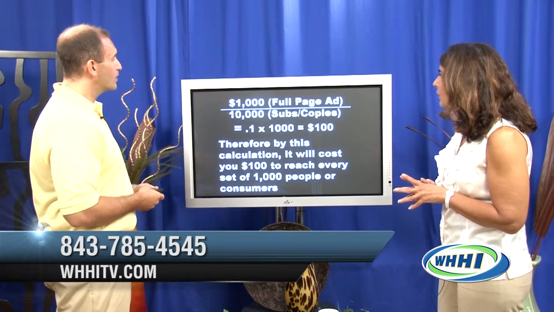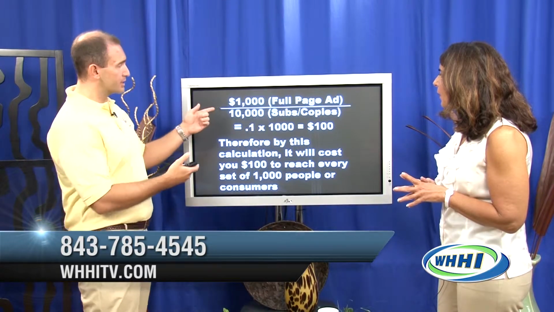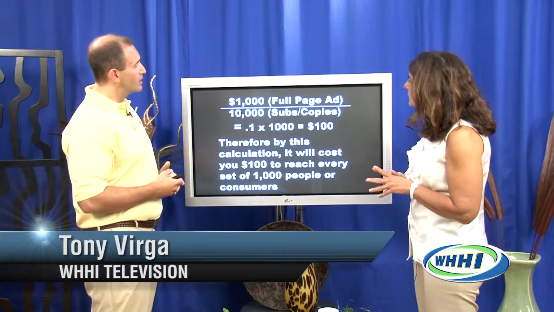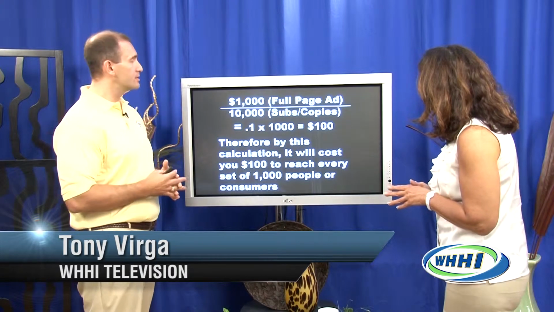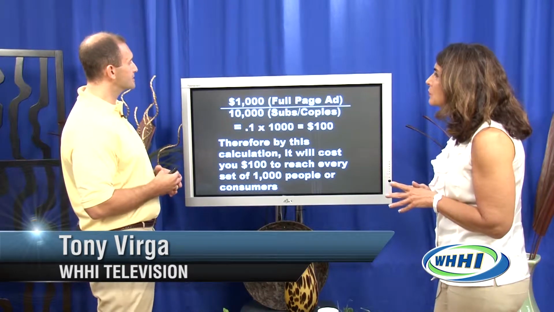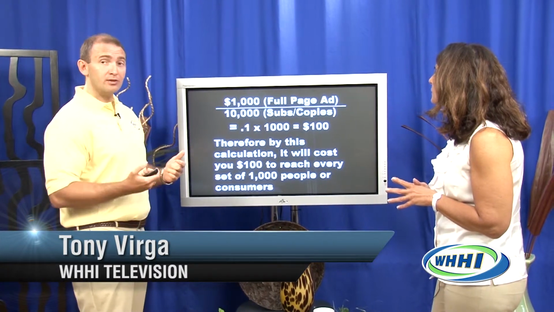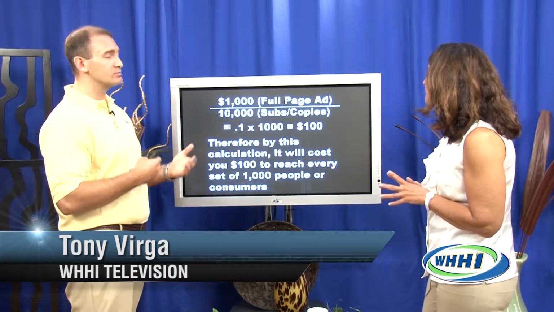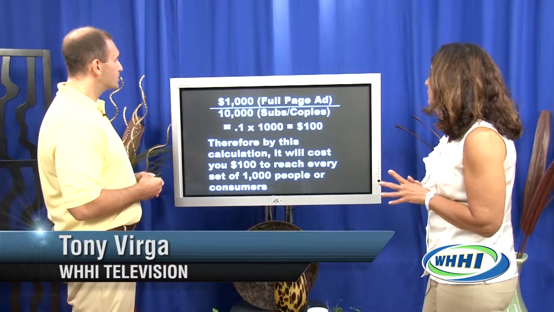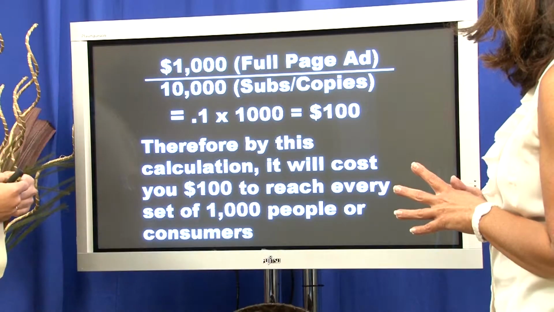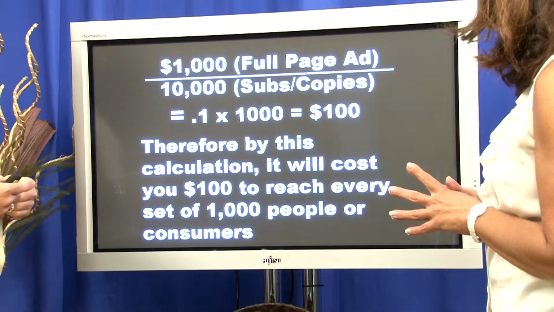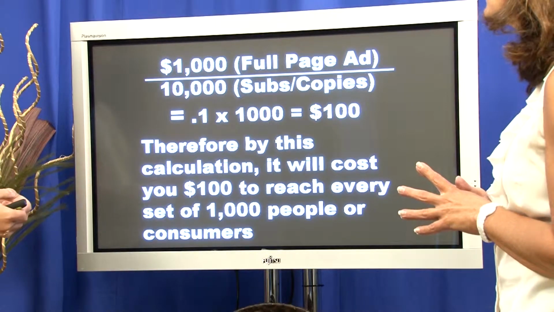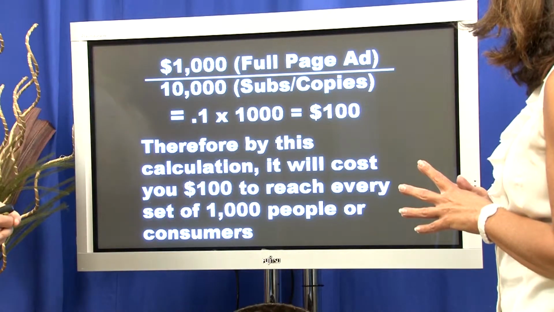And so the way this is done is, like I said earlier, you take your cost for your ad. Say you bought a full page ad in one of the local magazines, and it was $1,000. Let's just say there's 10,000 of those magazines that go out every month. What you would do is divide the cost of your ad by the number of subs or copies, and that gives you 0.1.